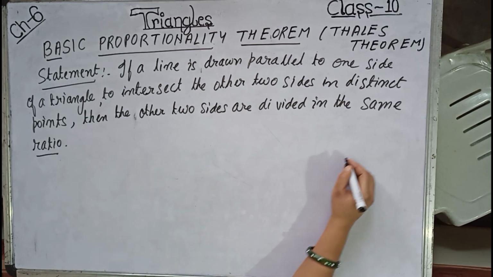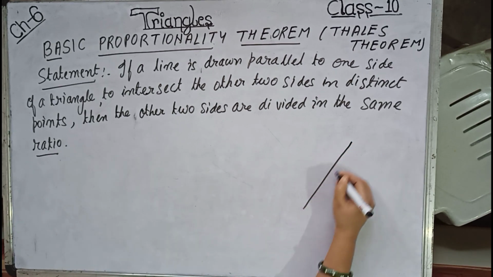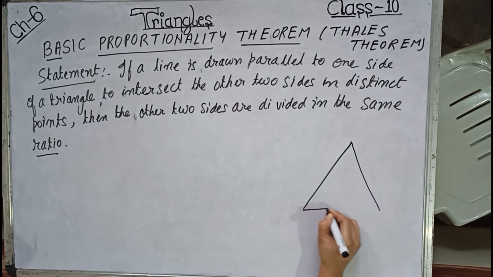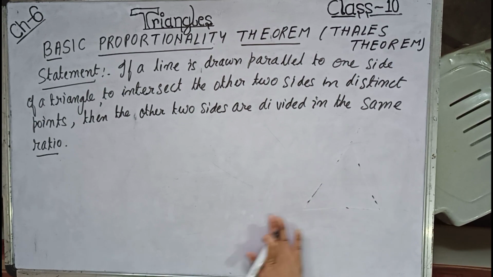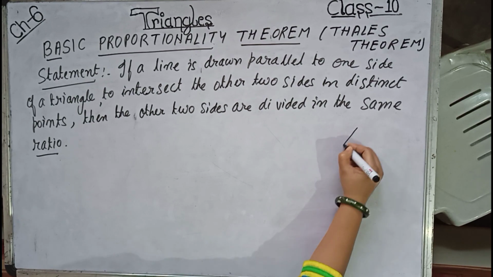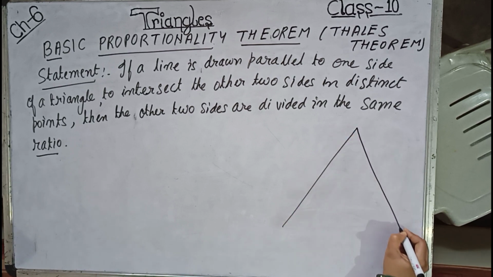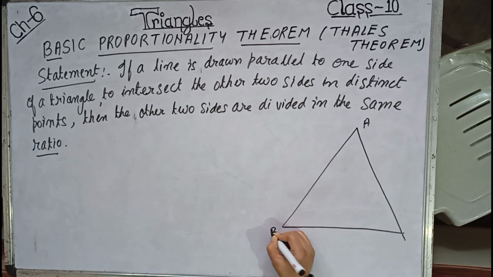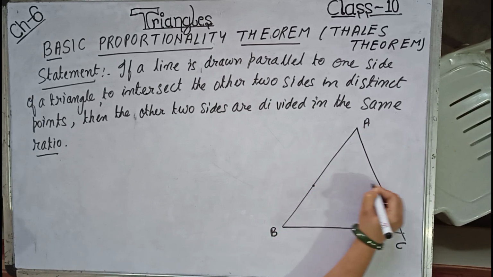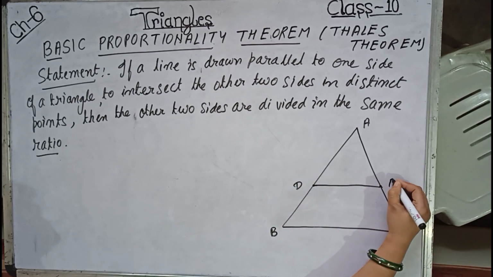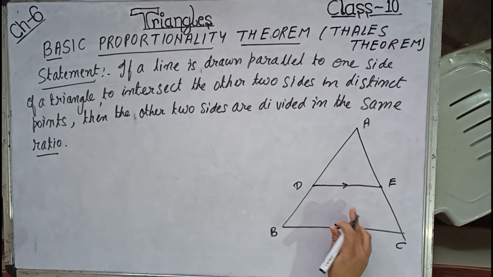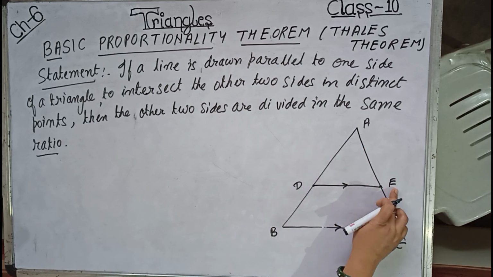Now we will be writing over here. Suppose ABC, I am drawing a bigger figure. Suppose ABC is the given triangle, and at the points D and E, a line is drawn parallel to one side of the triangle to intersect the other two sides in distinct points.